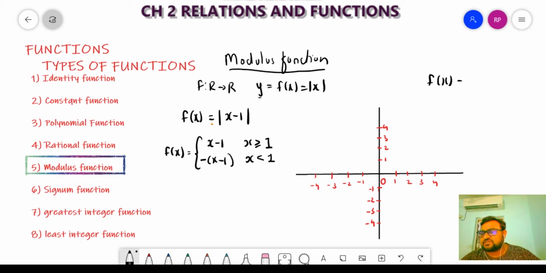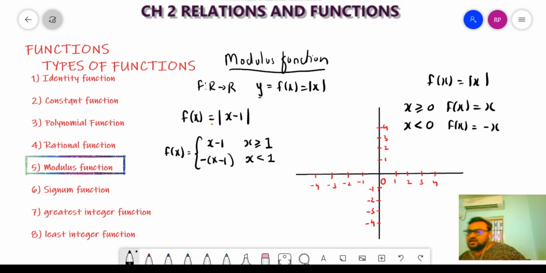Just let me give you an example. If f(x) is equal to modulus of x, that means when x is greater than equal to 0, f(x) will be equal to x. When x is less than 0, f(x) will be equal to minus x, right? See, let me give you an example. What is modulus of 1? 1.